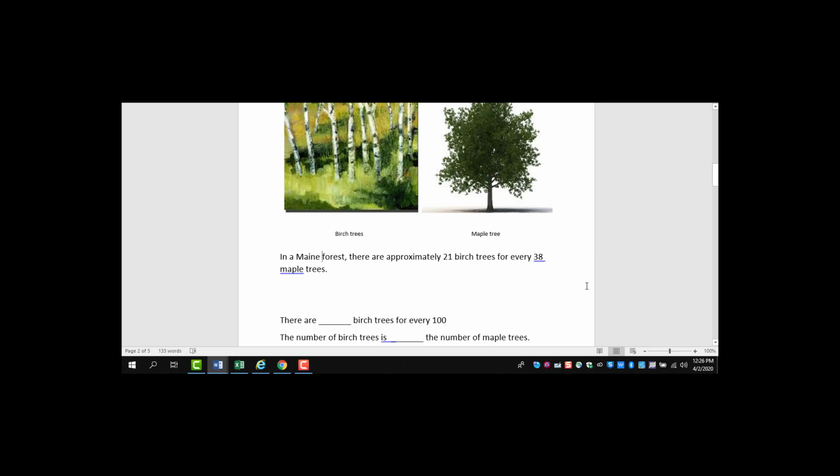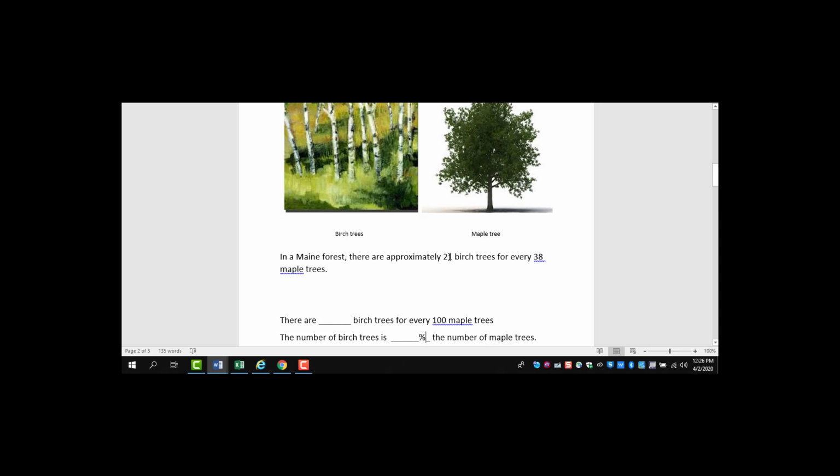So if I ask you a question like that, and leave these blanks here, we'll talk about how to fill those in. So there's how many birch trees for every 100 maple trees, and the number of birch trees is what percent the number of maple trees.